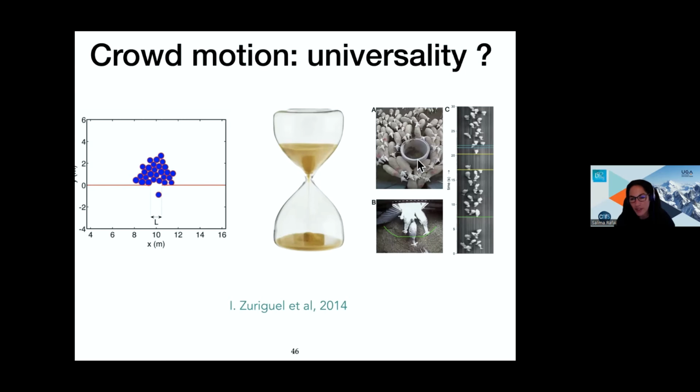Here, the illustration is another example of what is done in crowd motion. If you put an obstacle just in front of a door, you can, with some adjustment, fluidify the evacuation of the crowd, depending on how you place this obstacle.